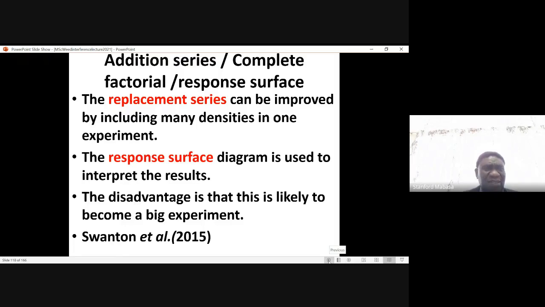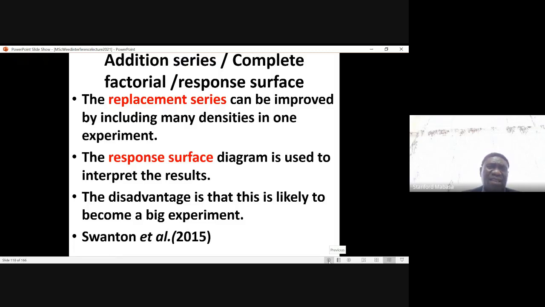Initially we talked about the additive designs, and we said that you can alter the proportion when you are increasing density, and it's actually a problem when it comes to interpreting the results. The replacement series also has its problems of using one density.